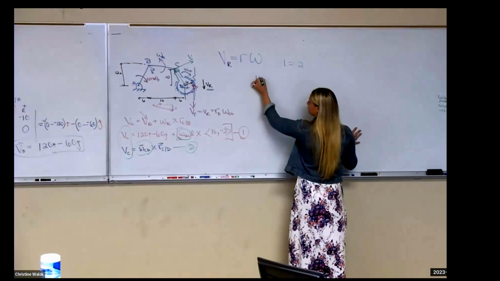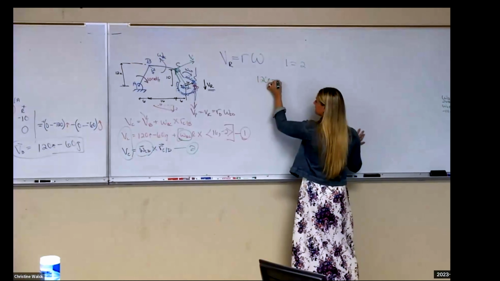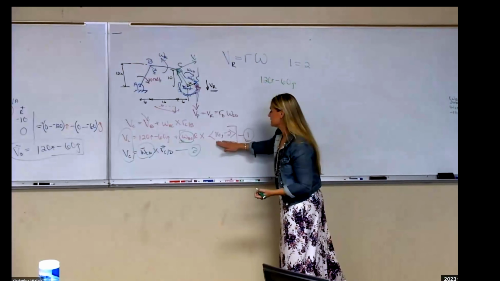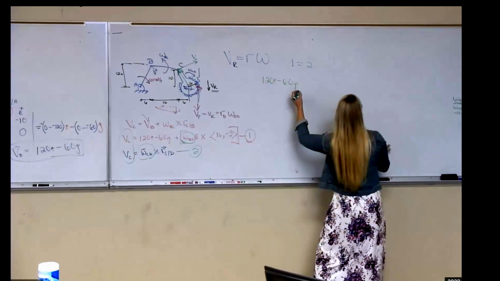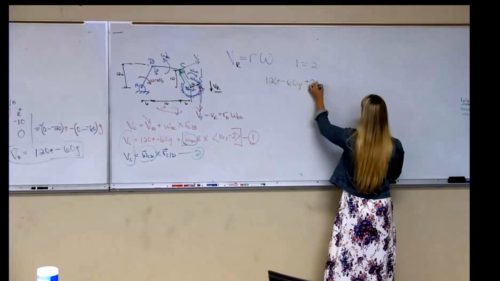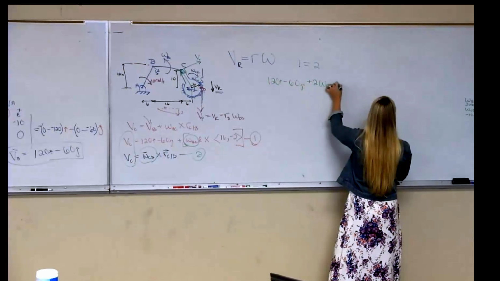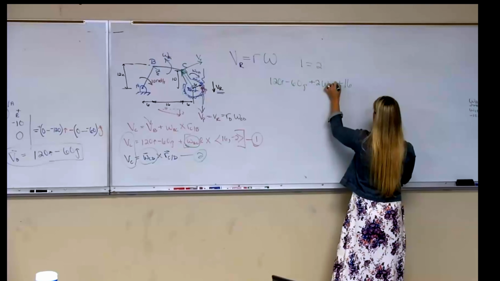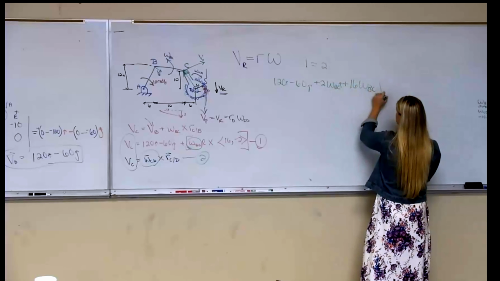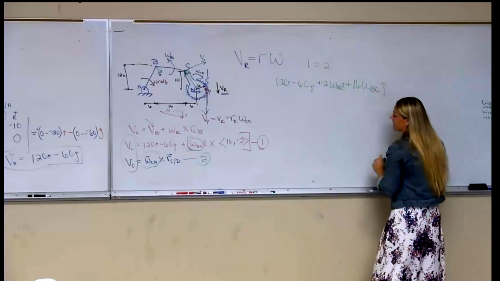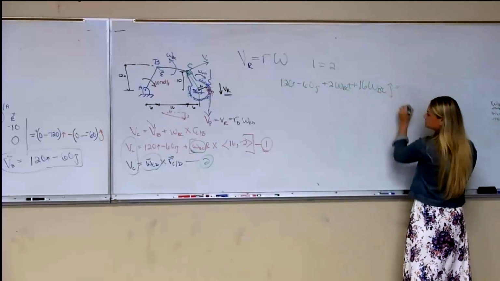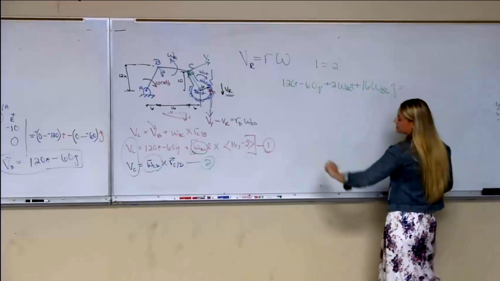Do that. We have 120i minus 60j. If we quickly do this cross product here, we should get positive 2 omega BC in the i direction, excuse me, plus 16 omega BC in the j direction. Now that is going to equal equation 2, so that is going to equal this cross product.